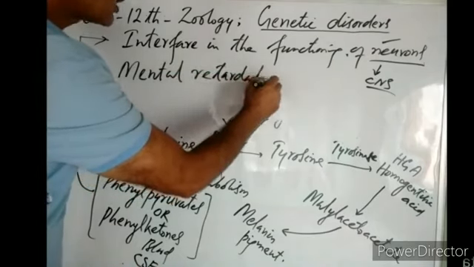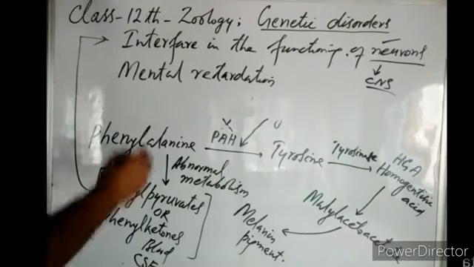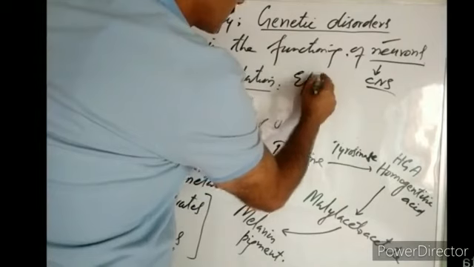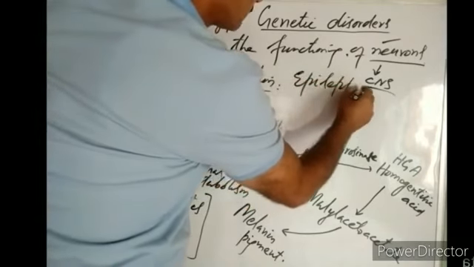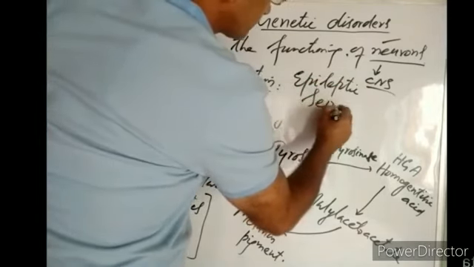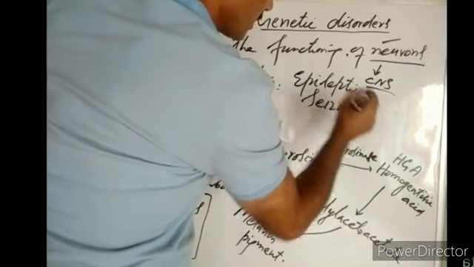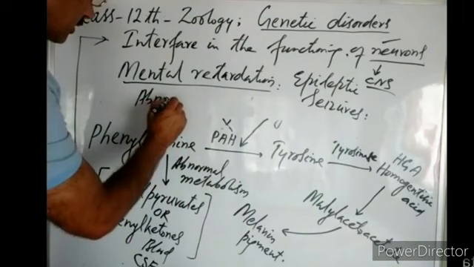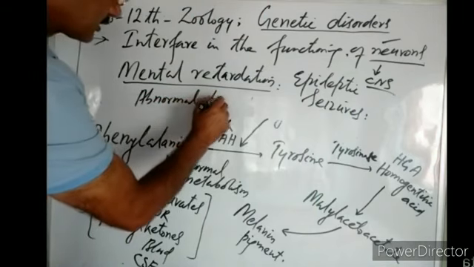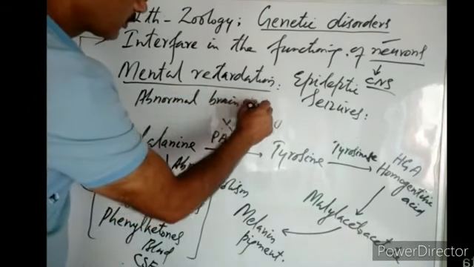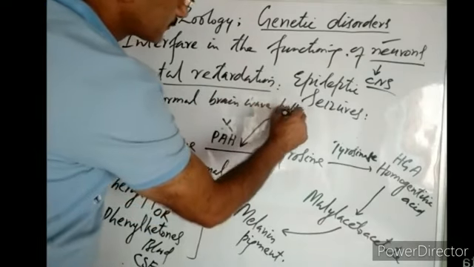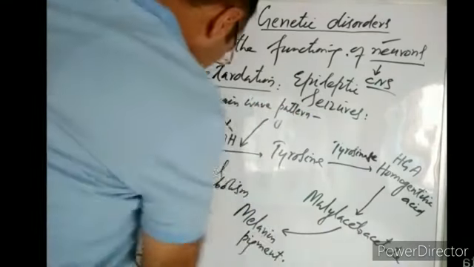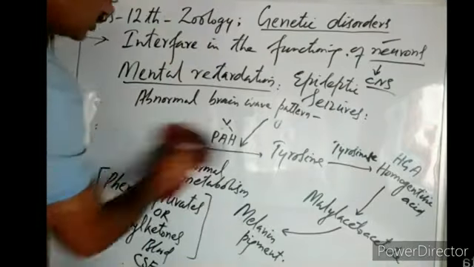The person starts suffering from mental retardation. The person may develop epileptic seizures. The person shows abnormal brain wave pattern. And the person starts excreting phenylketones in urine.